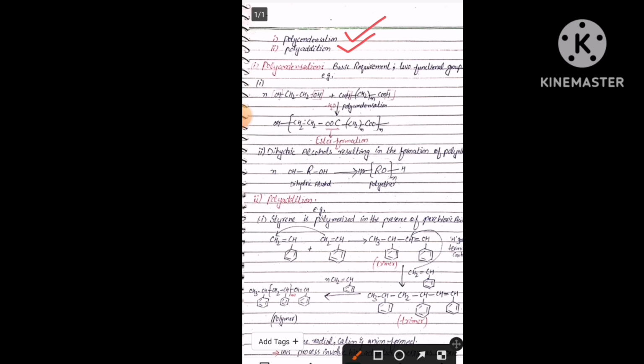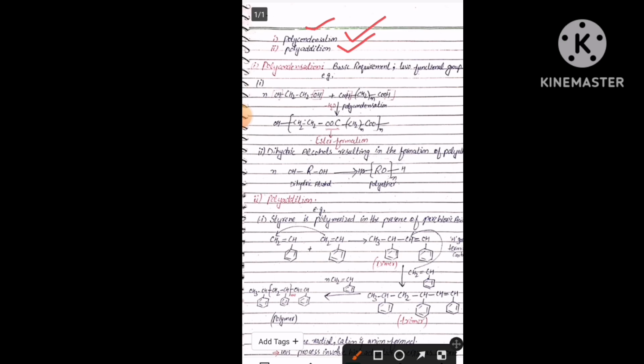As we already studied in the theory, in a polycondensation reaction there is a release of a small molecule, and it may be the formation of ester linkages or amide linkages by the release of a small molecule. And there is a condition on the monomers: they should be bifunctional.